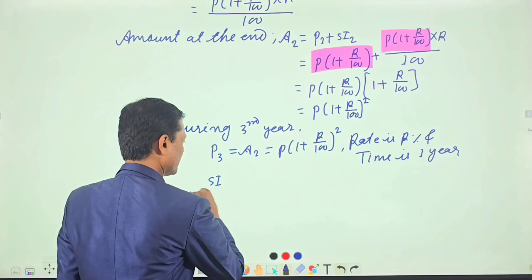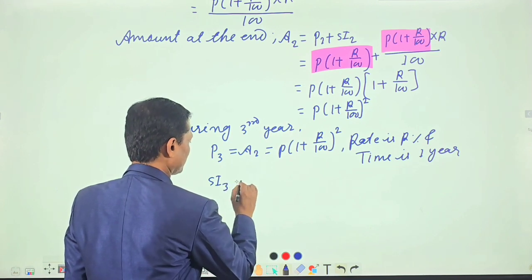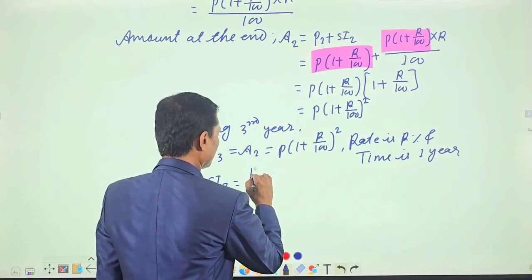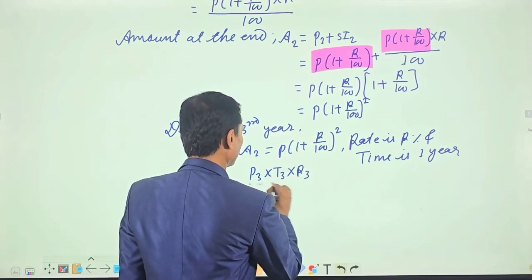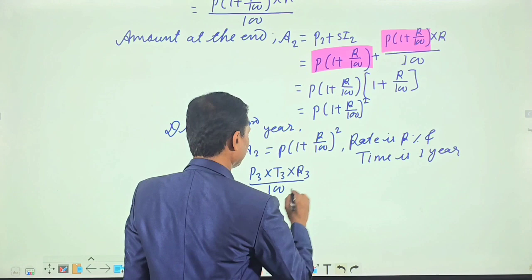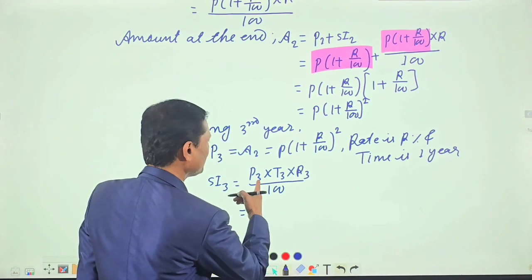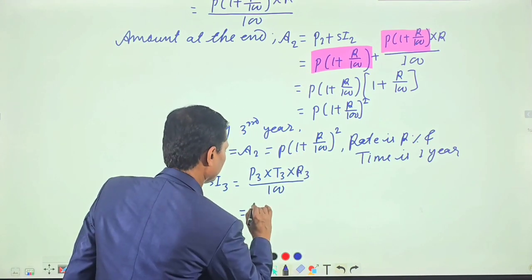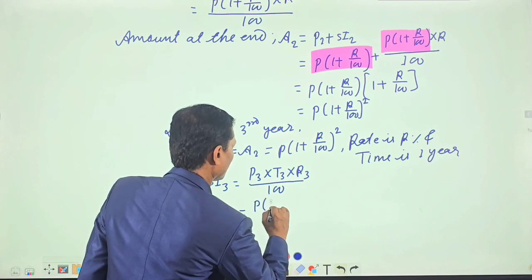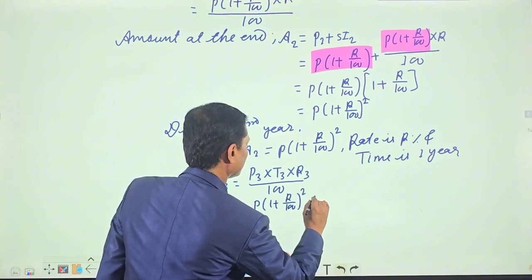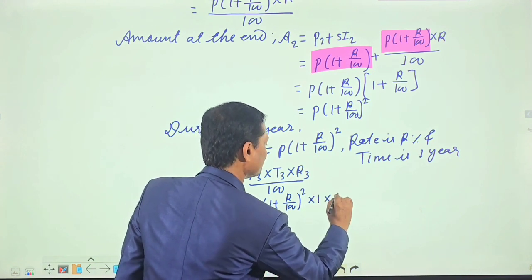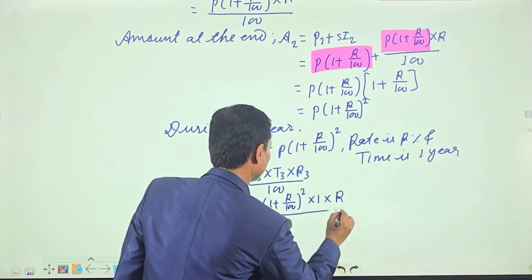Then SI3 equals P3 into T3 into R3 over 100, and that becomes P3. We have already here P times (1 plus R over 100) to the power 2 into 1 into R, R3 means R itself, over 100.